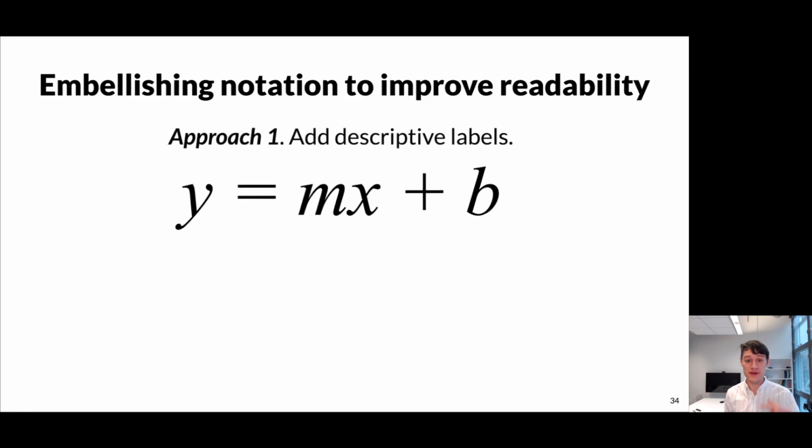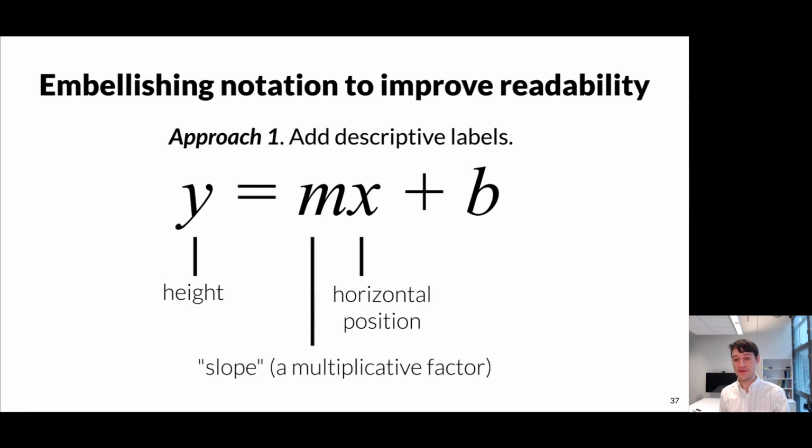One approach is that you could add descriptive labels. For instance, just adding in the margin that this y corresponds to the height of a point on a line, this x corresponds to that point's horizontal position, this m is a multiplicative scaling factor called the slope, and this b is some constant offset that's used to compute that height.